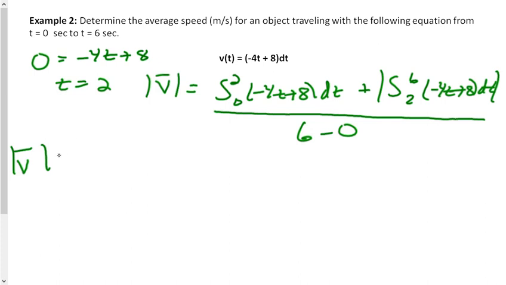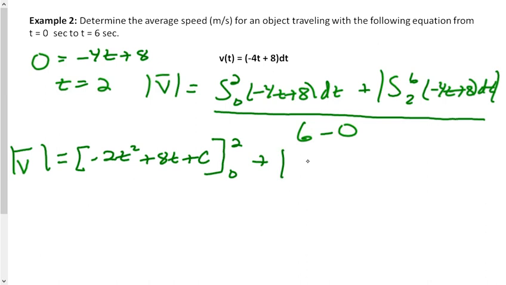This is then going to equal the definite integral of negative 2t squared plus 8t plus c over 0 to 2, plus the absolute value of the definite integral of negative 2t squared plus 8t plus c from 2 to 6, absolute value of that.